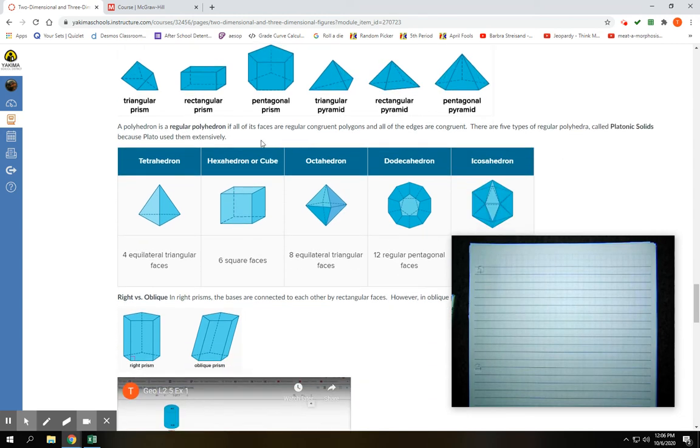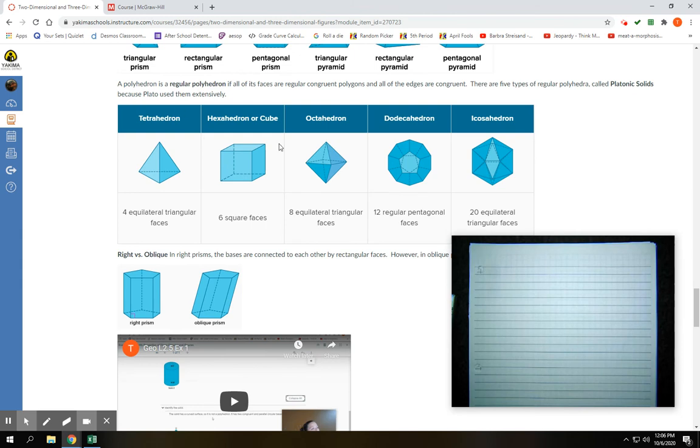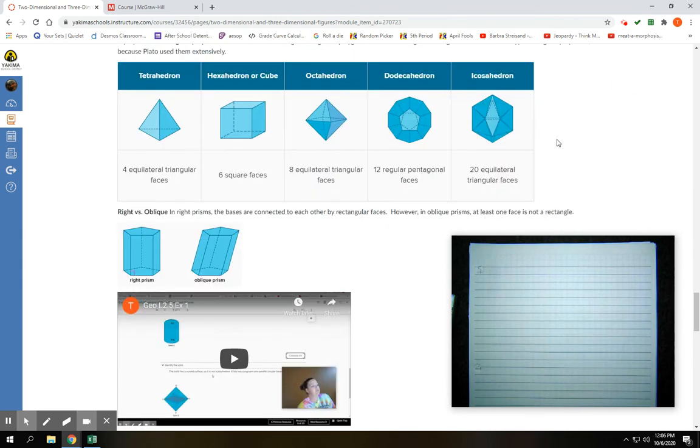A polyhedron is a regular polyhedron if all the faces are regular congruent polygons and all the edges are congruent. There are 5 types of regular polyhedra called Platonic solids because Plato used them extensively.